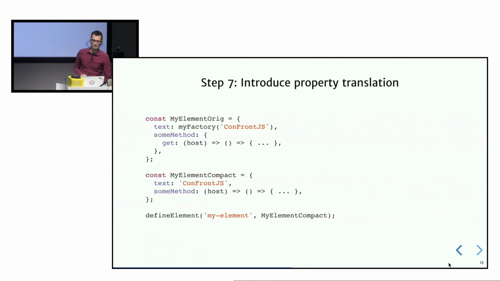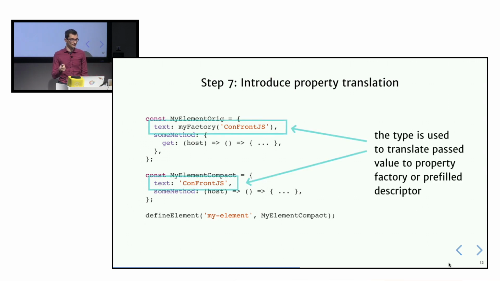And the last step is something mind-blowing, maybe. It's property translation. Again, we have a custom definition, and we said that our custom definition takes an object with keys and descriptors. So what would happen if our custom definition took something different, like a string, a function, or even an object without get and set methods?